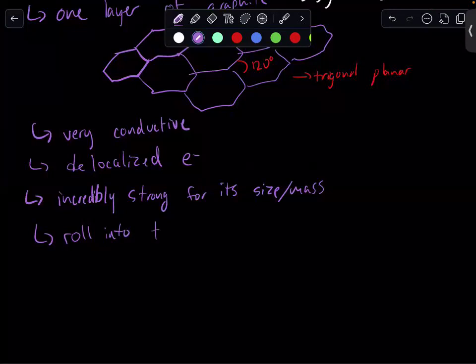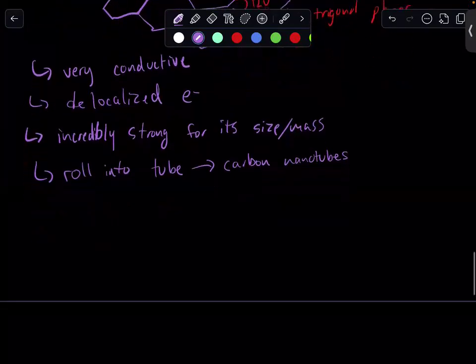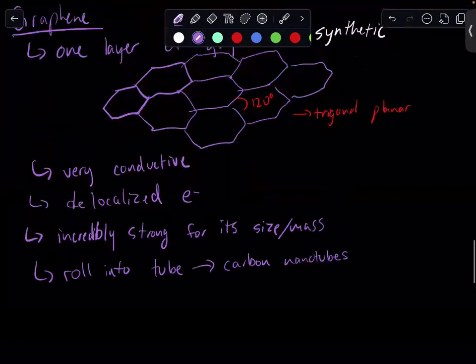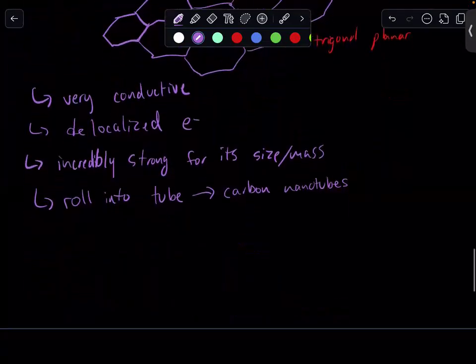Roll into tubes, and that's what you get as carbon nanotubes, which you could spin into a silk or a string that could hold back airplanes. It would be so incredibly strong because it has these properties of graphene, but then you have added more depth and more mass and more thickness to it.